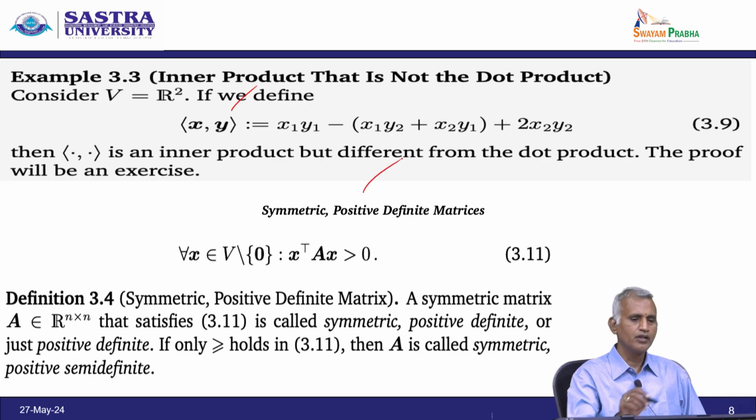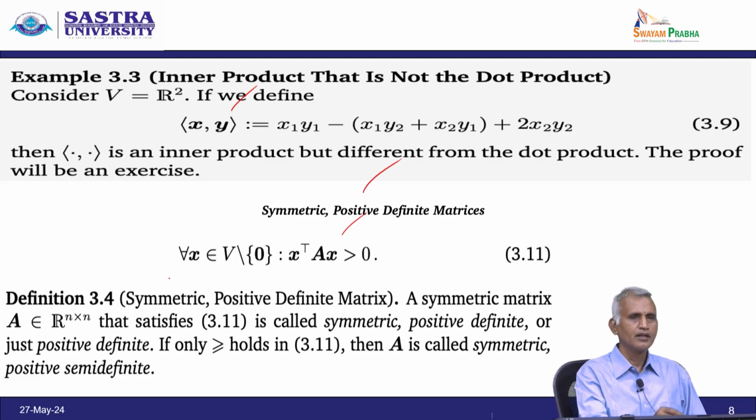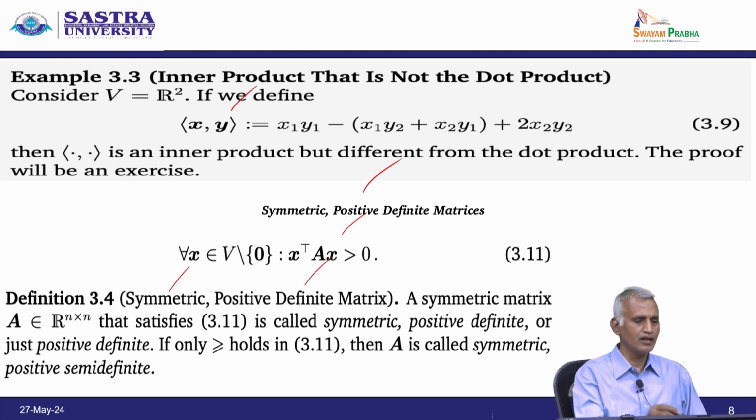Now, we are going to discuss symmetric and positive definite matrices. For all x in V minus 0, x transpose A x is always positive. Therefore, by definition, a symmetric matrix A in R to the power n cross n satisfying this is called symmetric and positive definite, or just positive definite.